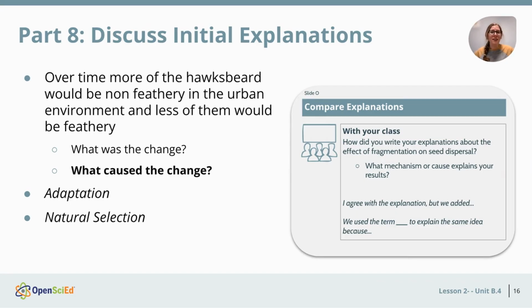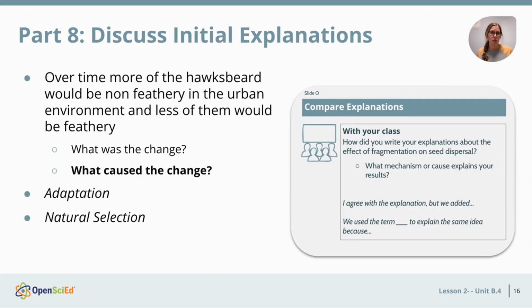In part 8, we're going to discuss those initial explanations: that over time, more of the hawksbeard would be non-feathery in the urban environment and less of them would be feathery. And really driving this initial discussion is what is causing that change.